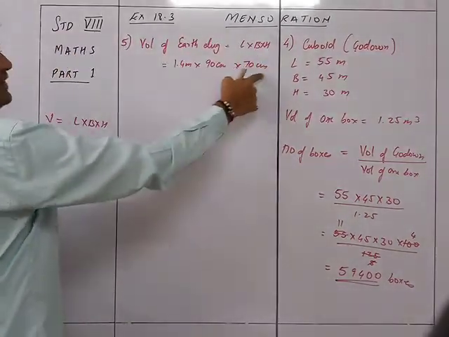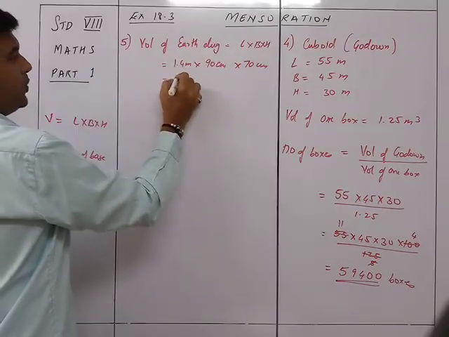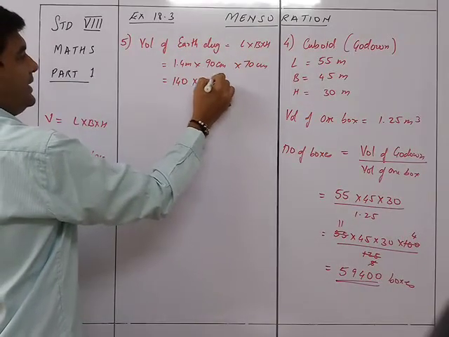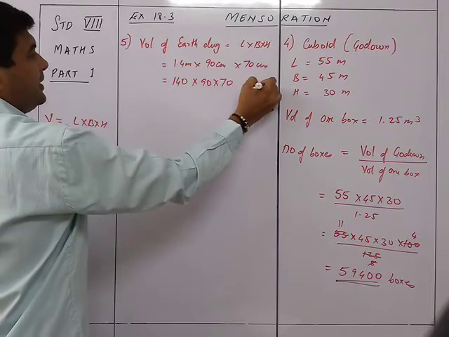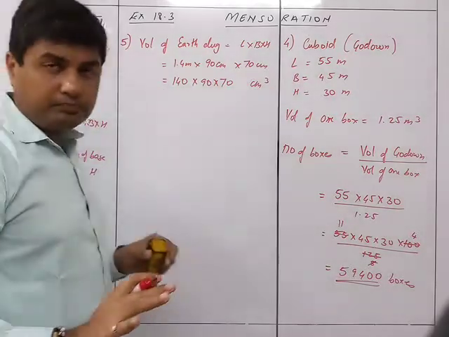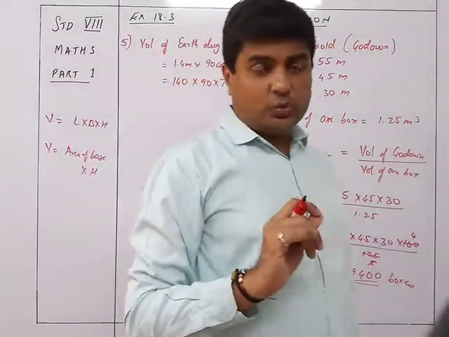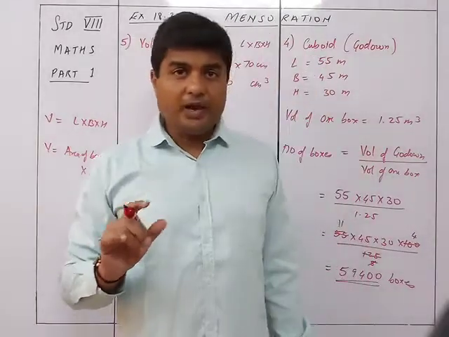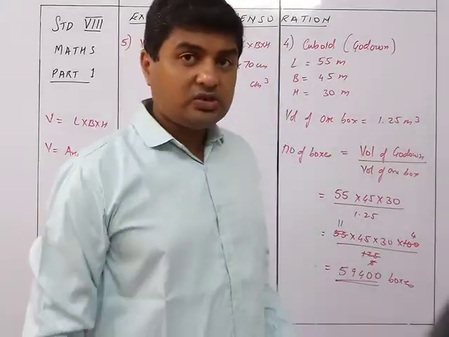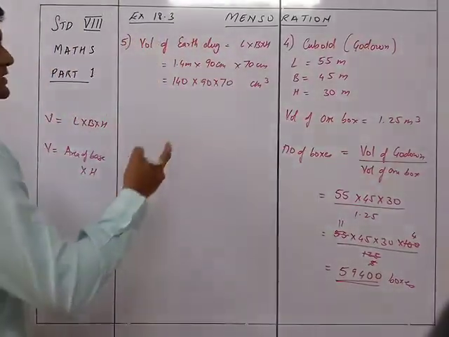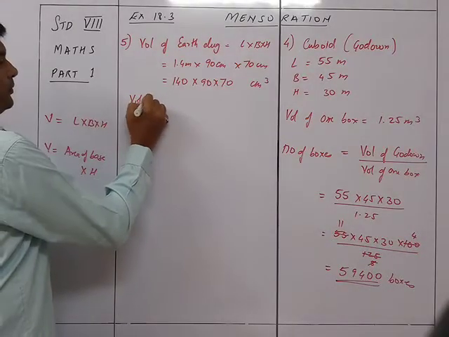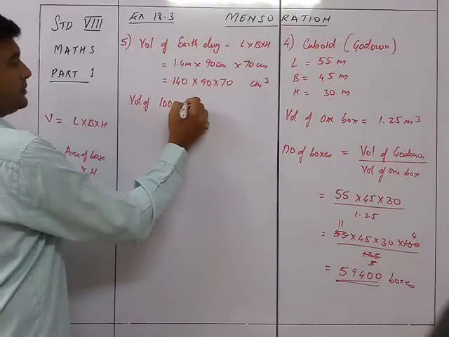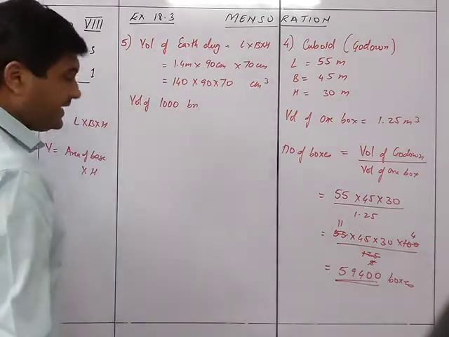Because everything is in centimeters, I will convert it into 140 into 90 into 70 centimeter cube. I am not multiplying right now because I am going to do the cancellations over here.